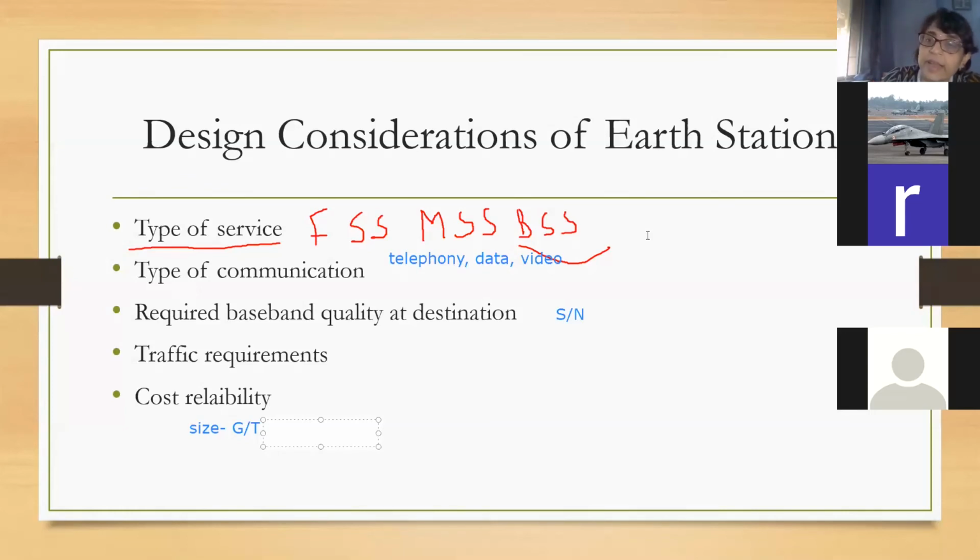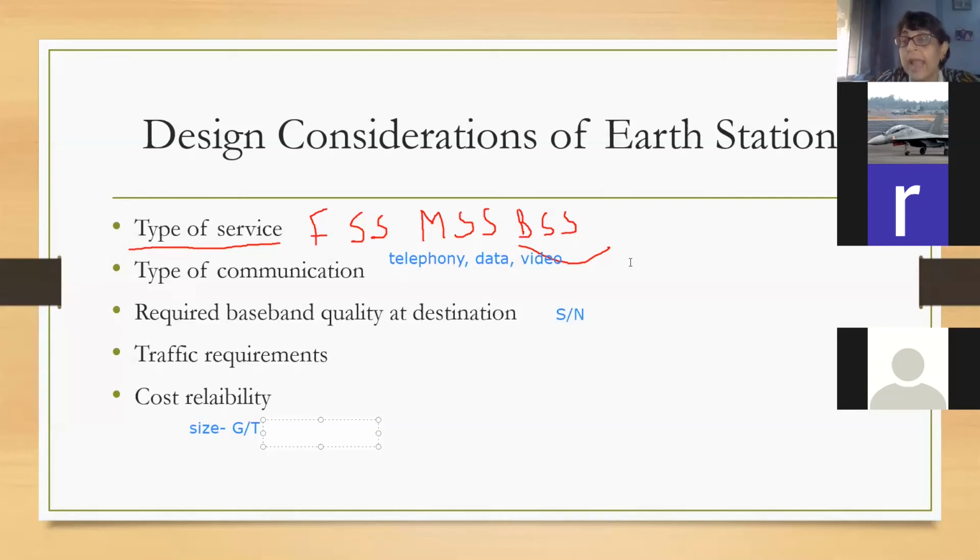Basically, is an earth station only transmit or only receive? It can be both, right? It can be transmit and receive, only receive, or only transmit. All three options are there.